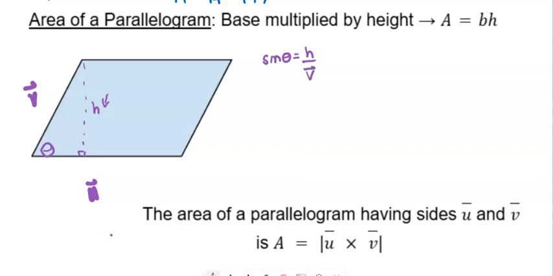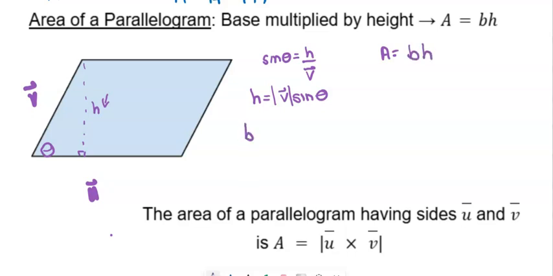And I can rearrange this to solve for h. So I can say that h is vector v times sine theta. Now, because I am not interested in the direction of vector v, but the magnitude of vector v, I'm going to change that to a magnitude of vector v. Okay. And the area of a parallelogram is the base times the height.